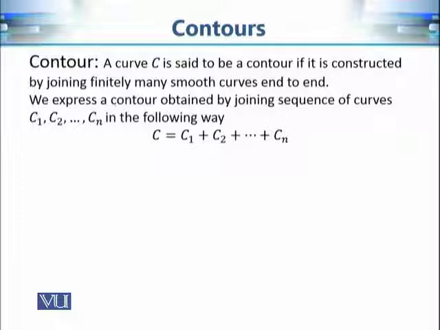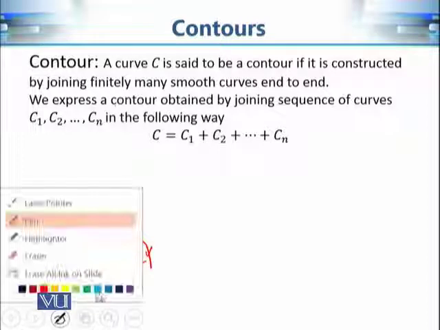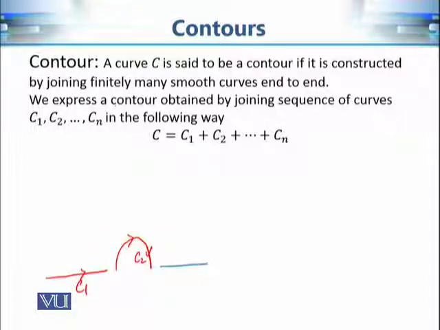Now for example, if we consider this curve C1, this is smooth because it's just a straight line. And let's say we have some other curve, this one, let's call it C2, and let's say we have another curve, let's say C3, and another curve, this is C4. If we join them, then we will get a contour.